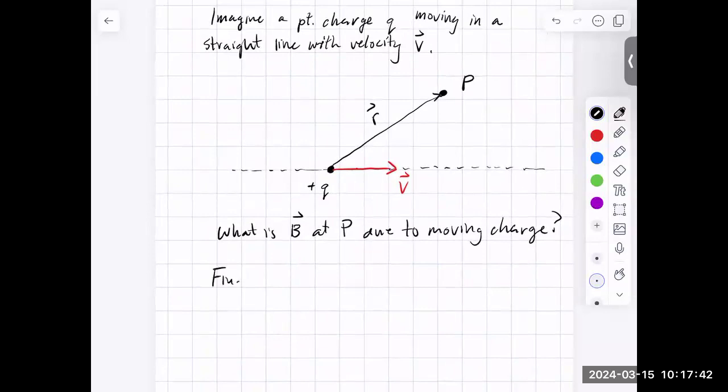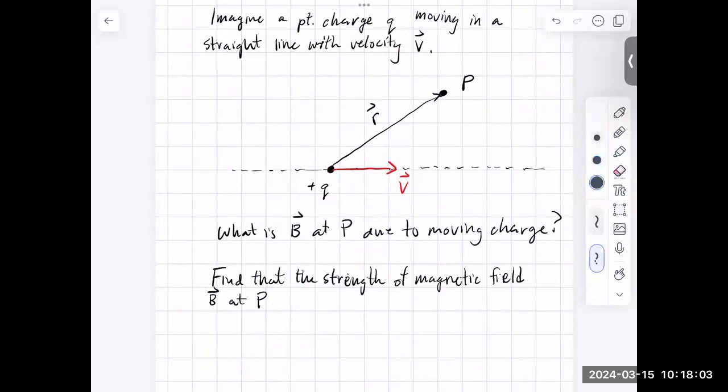So we would find that the strength of the magnetic field B at P is proportional to, there'll be a number of factors.